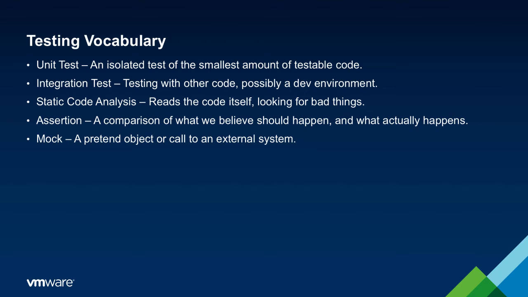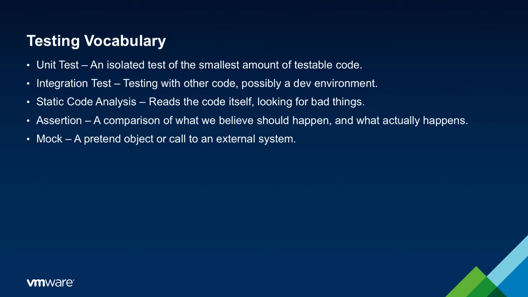But the other key word here is isolated. So we are isolating this code from everything else. We don't have to have a big environment stood up that integrates with all these different systems to test this code. So unit test, isolated test, small amount of code.